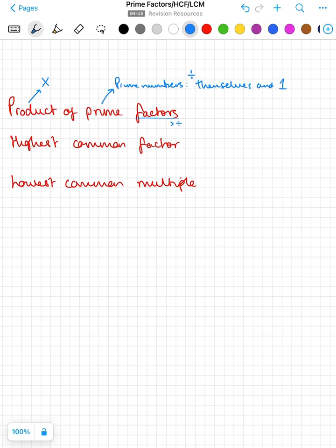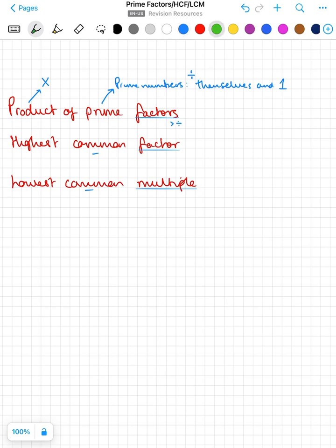So the highest common factor of values is going to typically be lower than or the same as both of those numbers, whereas the lowest common multiple is either going to be greater than the numbers or the same as. When we refer to highest common factor or lowest common multiple, you are looking at those that are common to at least 2 other values.